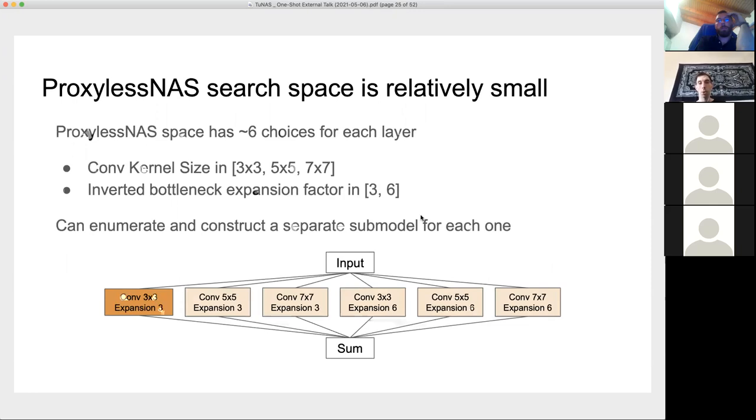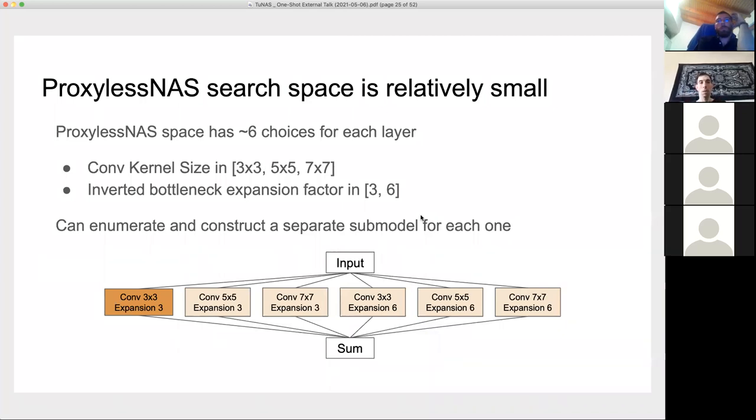So you have a bunch of blocks, and for each block, these are inverted bottlenecks in a mobile net style architecture. And for each bottleneck, you're essentially making two decisions. One is about the convolutional kernel size that we're using, and the other is about the hidden layer size, called the expansion factor, in the middle of the network.